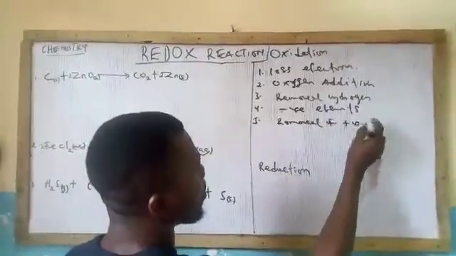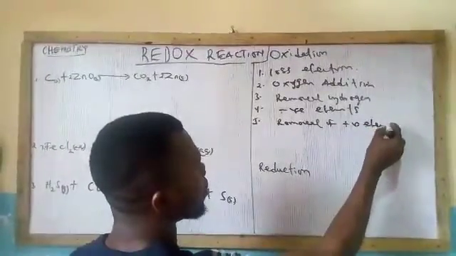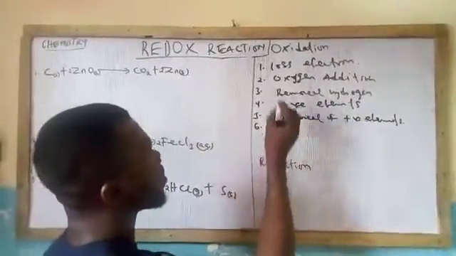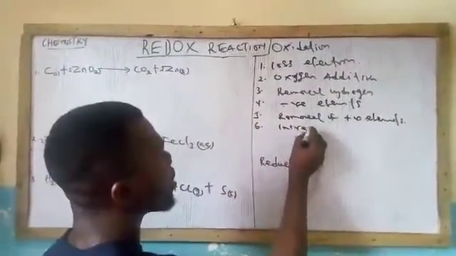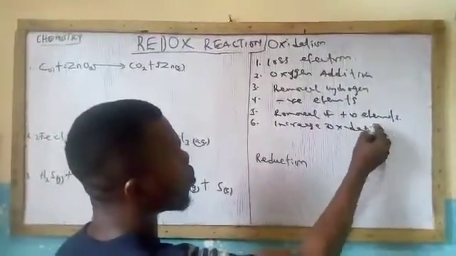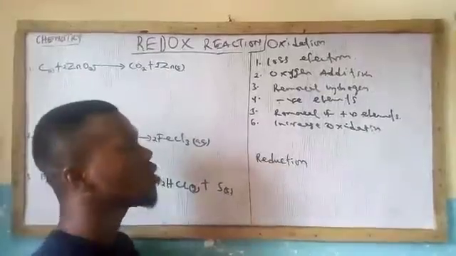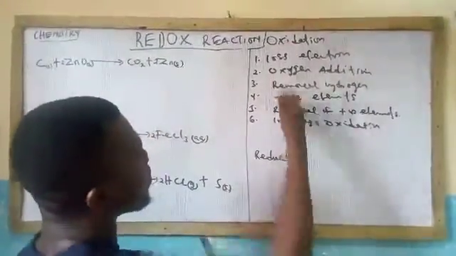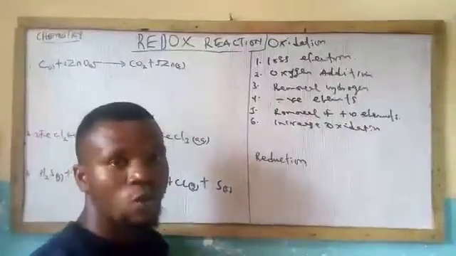When you remove a positive element, you also define oxidation. And lastly, it involves an increase in oxidation number. It occurs when there's an increase in oxidation number. This defines oxidation.